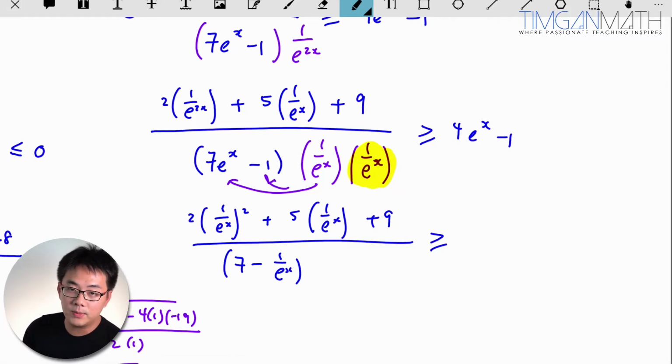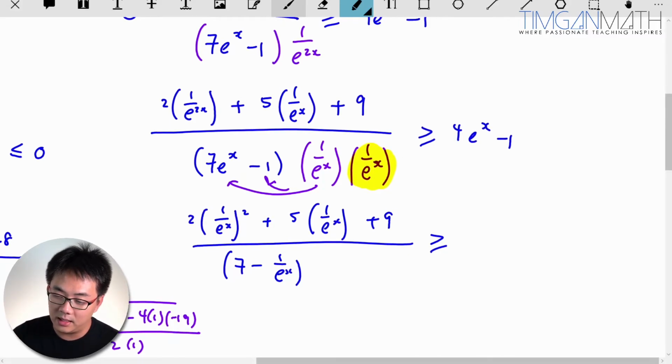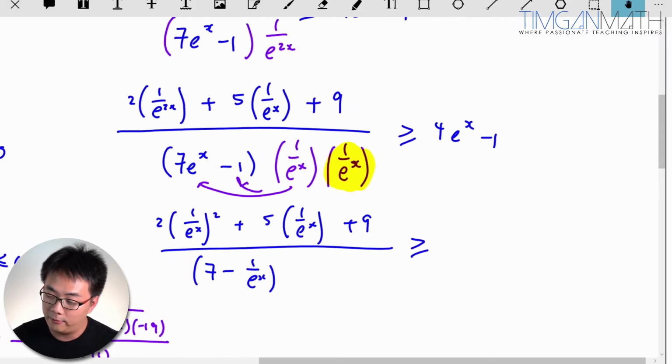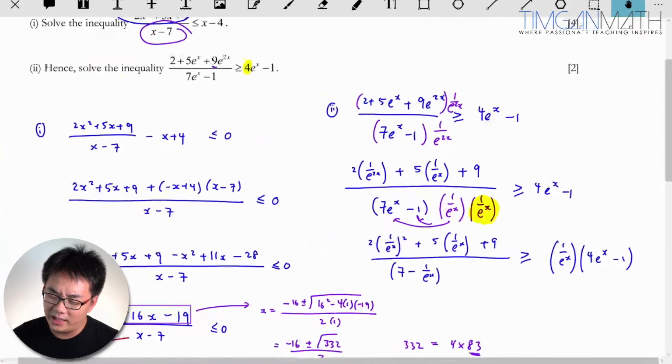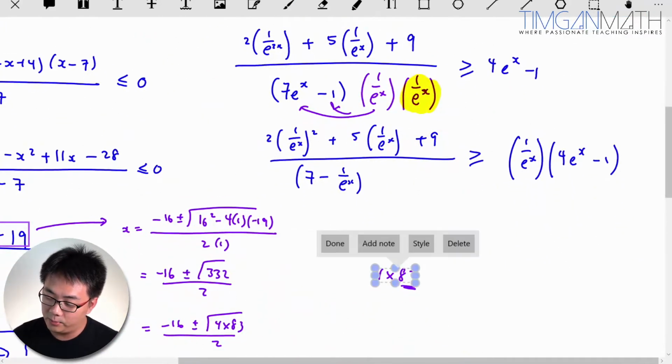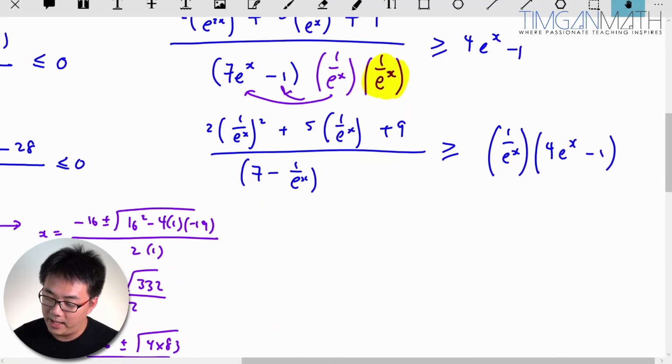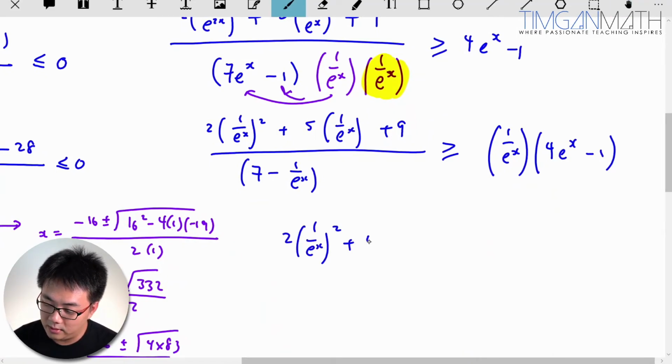So if this is always positive, it's safe to multiply it to the other side. That's another concept which you need to take note of, because we are very, very mindful when it comes to inequalities. We don't really like negative stuff. Negative stuff throws things off the balance, so we tend to keep it just positive.